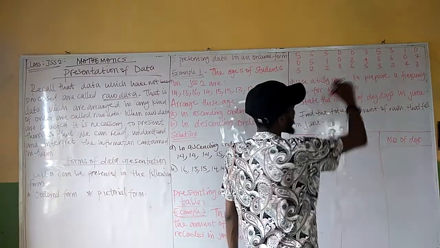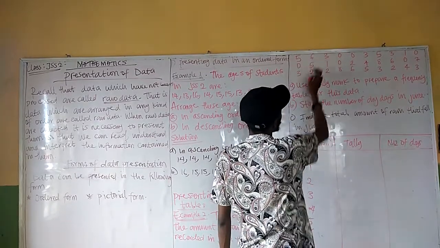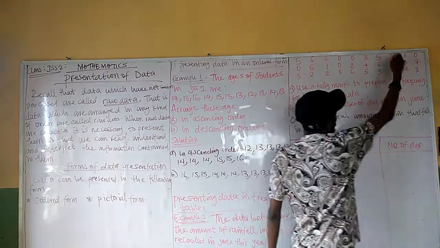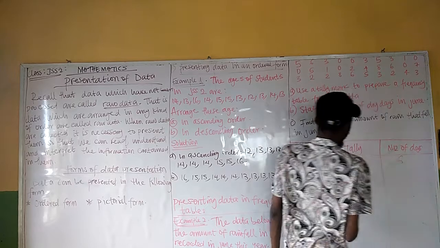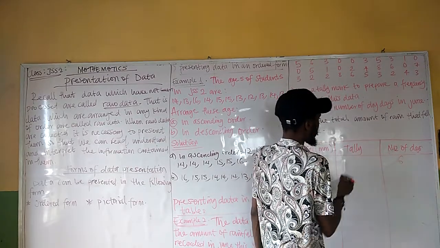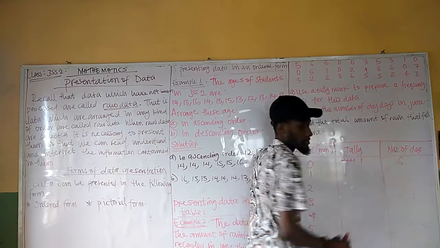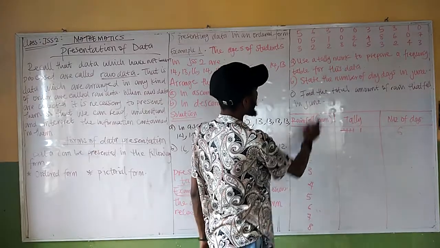In this case now, 0. How many 0 do you have in this data? You count 1, 2, 3, 4, 5, 6. So you have 6, which means using tally to represent it, it becomes 1, 2, 3, 4, 5, and 6. Then 1.